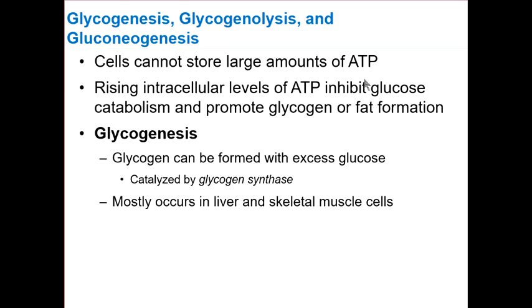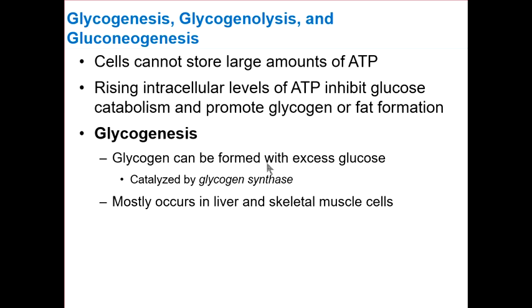So because our cells don't store ATP, whenever we have high levels of ATP, that's going to inhibit glucose from breaking down. So that's going to promote glycogen, meaning, well, let's store glucose, because if we don't store it, we're just going to make more ATP, and we have a lot in this situation. So we call this glycogenesis, and that just means glycogen is being formed.